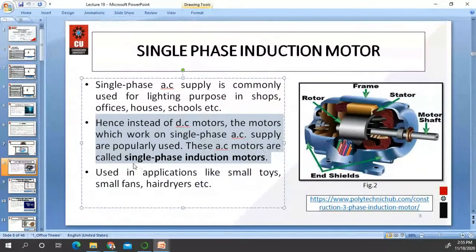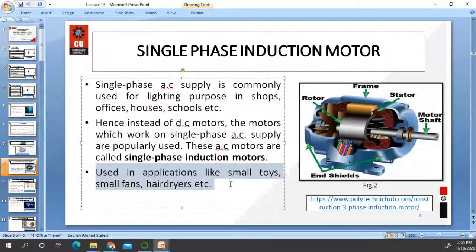These AC motors are called single phase induction motors. So any motor which is used with this induction principle in your homes, those are all single phase induction motors, used in applications like small toys, small fans, or hair dryers. So you can find these induction motors in hair dryers, fans, and toys.